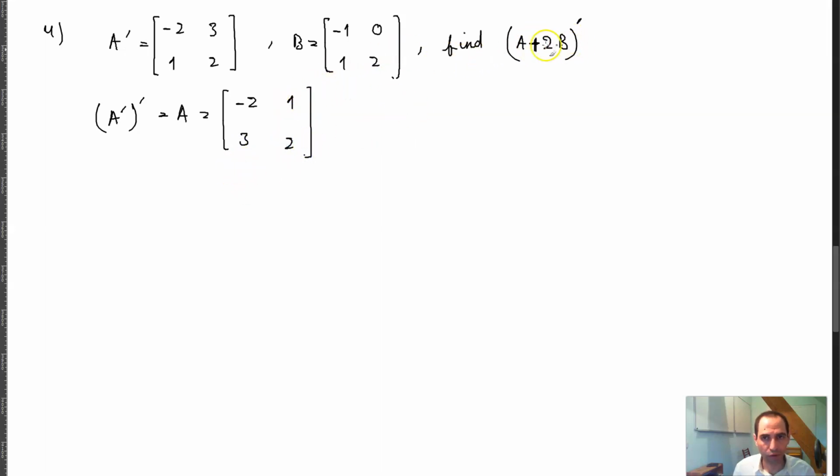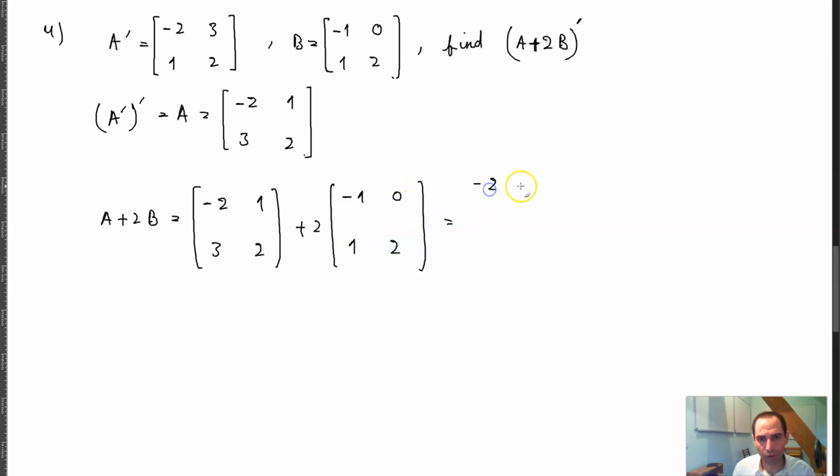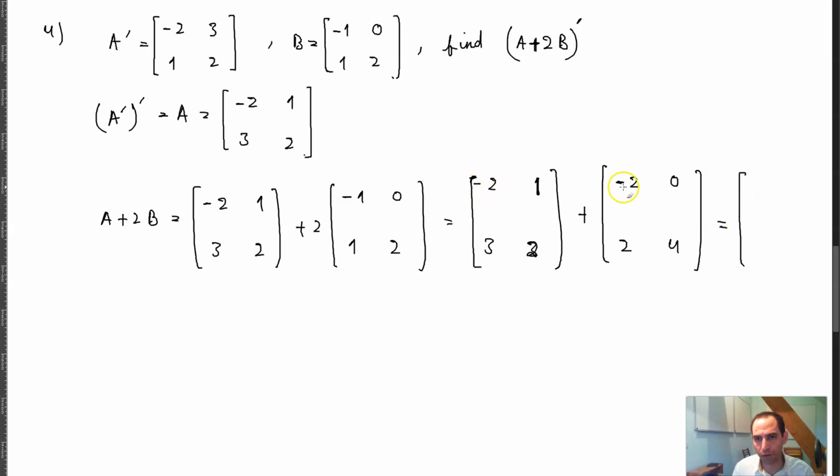And so A plus 2B would be equal to A, which is negative 2, 1, 3, and 2, plus 2 times B, which is negative 1, 0, 1, and 2, which is equal to negative 2, 1, 3, 2, plus 2 times negative 1, which is negative 2, 0, 2, and 4, which is equal to negative 2 plus negative 2 is negative 4, 1 plus 0 is equal to 1, 3 plus 2 is equal to 5, and 2 plus 4 is equal to 6.